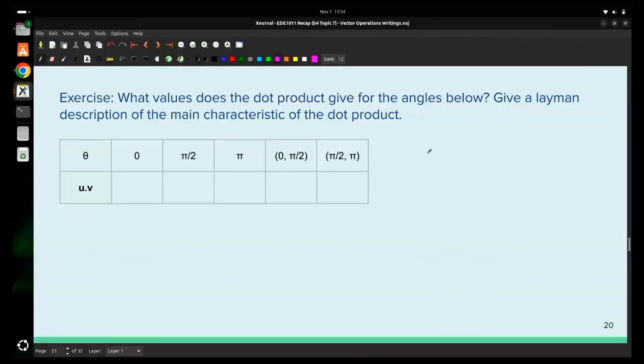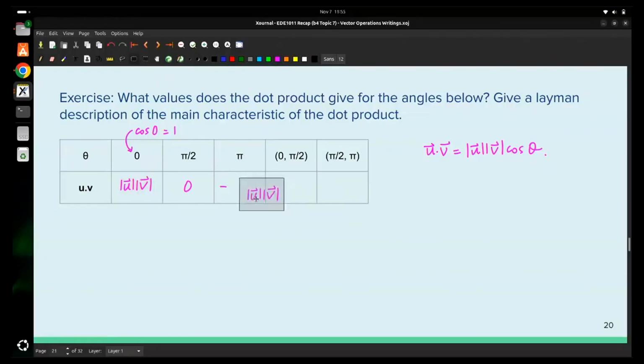Once again, u dot v is length of u times length of v cosine theta. We can just plug in the values here. What is this value? Obviously it's just length of u times length of v, because cosine 0 is 1. And for an angle of pi, cosine is minus 1, so it has to be minus the lengths multiplied together.